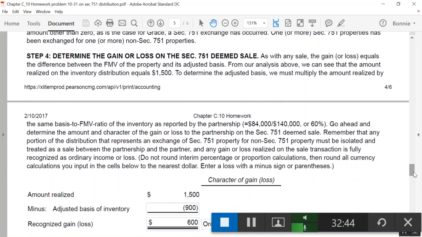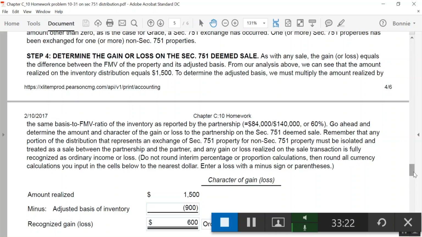And she's realizing the $1,500 because the partnership in this case is deemed to be selling the inventory to her in exchange for $1,500 that she's giving up. That's a little bit different from the book, where the opposite is happening.